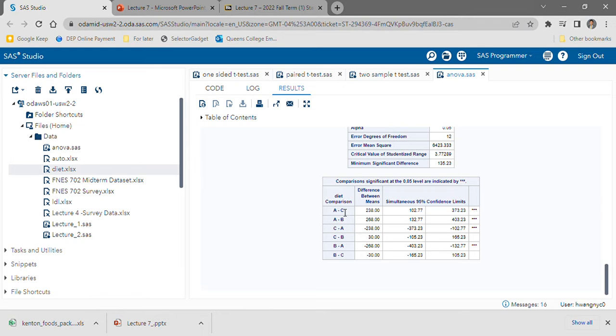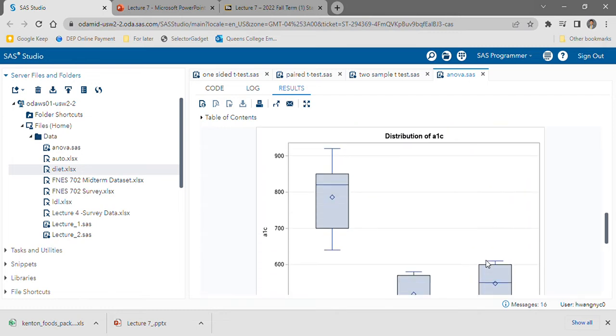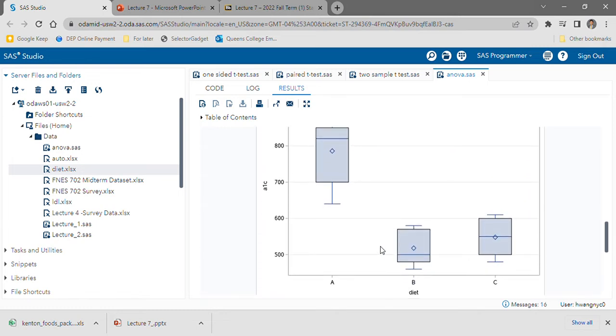So you'll see diet comparison. A is different from C. Yes, it is. A is different from B. Yes, it is. C is different from A. Yes, it is. We skip one. B is different from A. Yes, it is, right? Now over here, this is saying C is different from B. No, it's not. And then B is different from C. No, it's not, right? And if you go back and you look at this figure, you say, oh, okay, right?